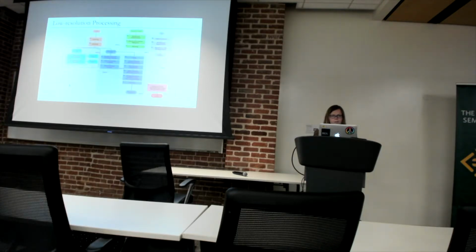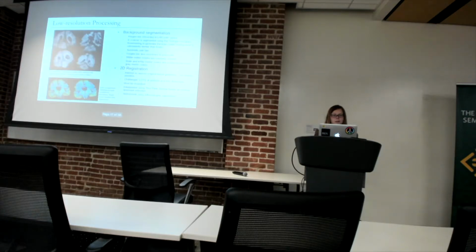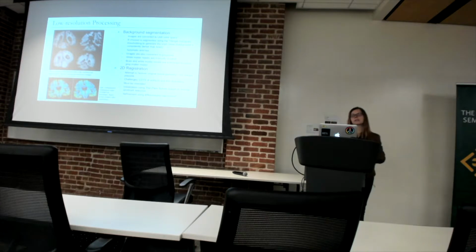So the second thing was processing the histological images. When you do the stitching, you create a full resolution histology image, but you also create a downscaled image. Why is that?